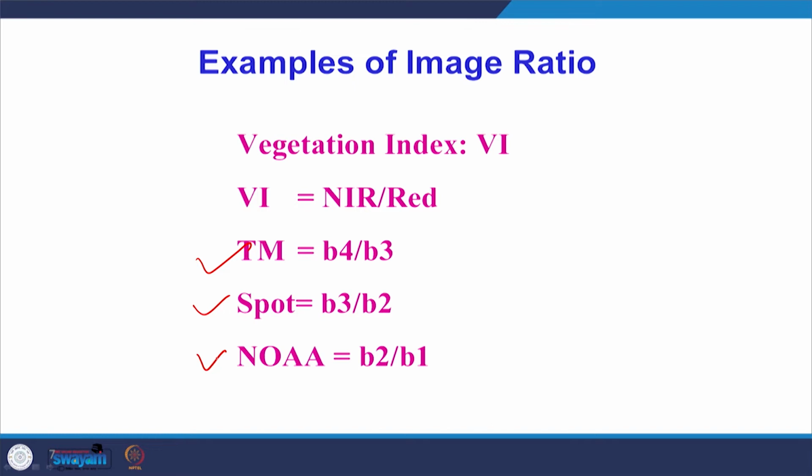Once we create various vegetation indices, we can generate a color composite. Like we generate a color composite from the 3 normal bands, we can generate one from the ratio images also. If I create 3 ratio images for a particular area, I can generate a color composite by superimposing them after passing them through 3 channels.